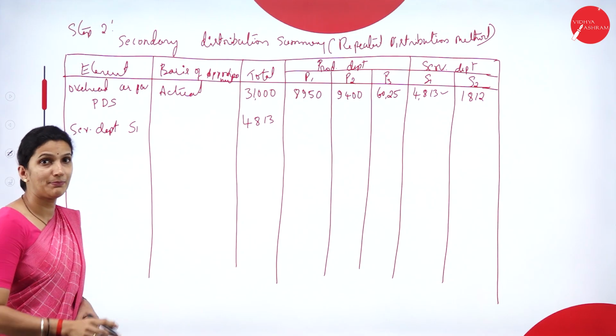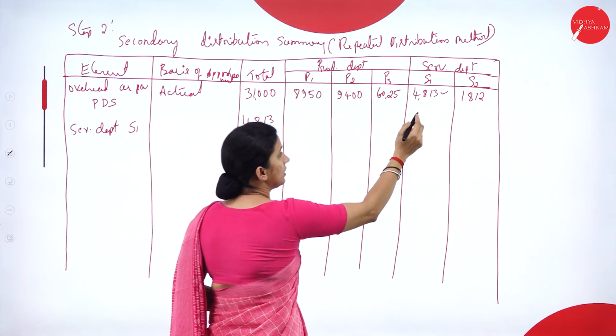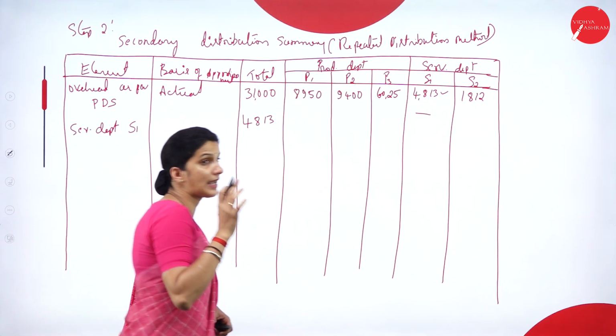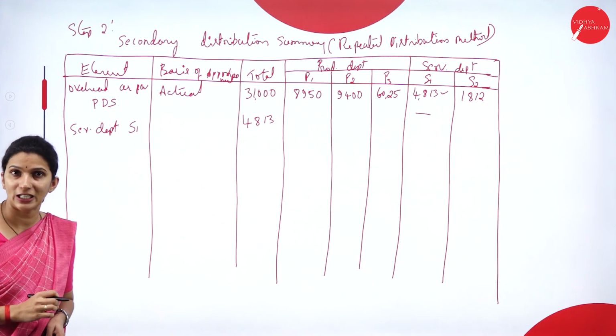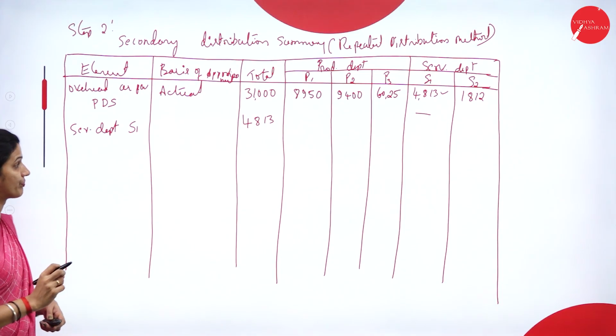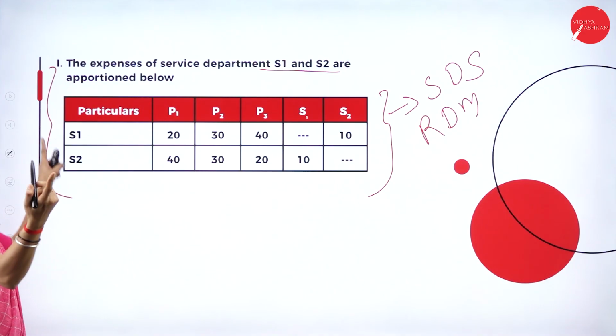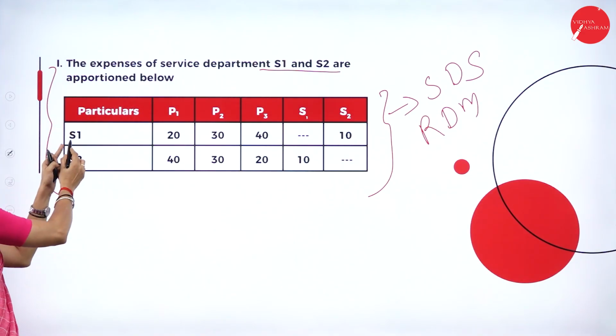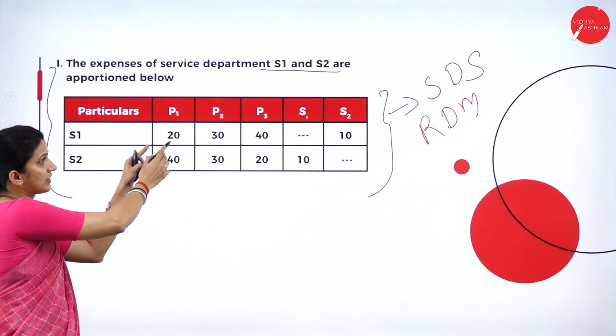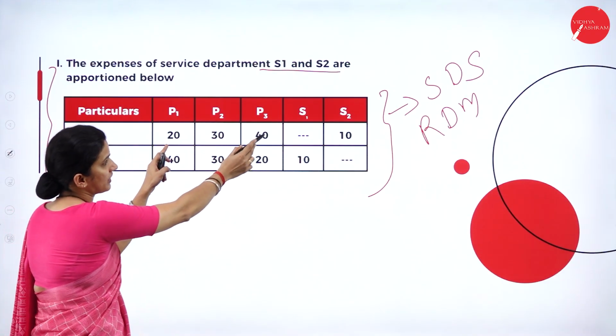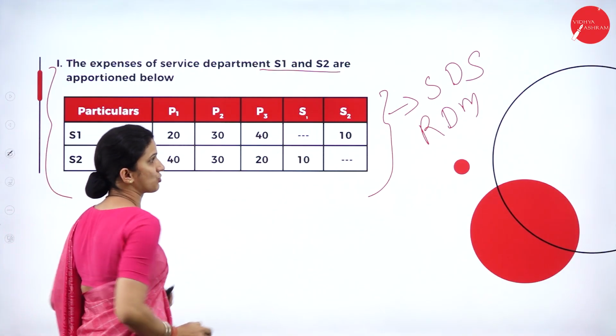This amount will be allocated to all the departments except S1. The ratio for the allocation is given in your question. See here, service departments S1 and S2 are apportioned below. The S1 ratio is 20, 30, 40. Here S1 it is nil, for S2 it is 10.